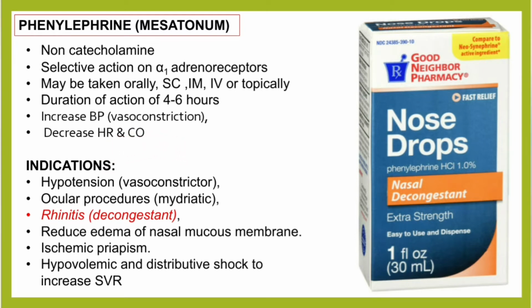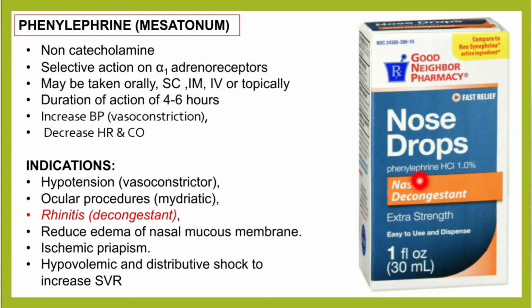Indications. This drug is indicated in case of low blood pressure, that's hypotension, because it's a vasoconstrictor. It's also used in ocular procedures. During those procedures, you need mydriasis, so it has a mydriatic action. It's also used in rhinitis as a decongestant.